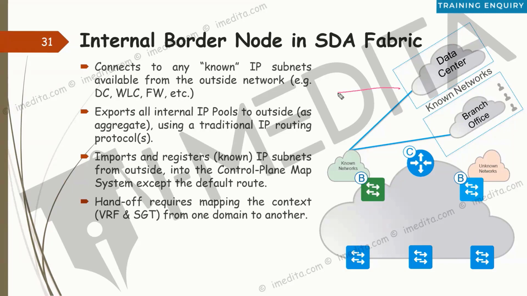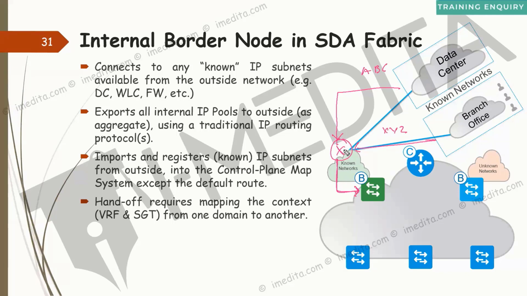The data center and the branch offices are going to announce all of their prefixes to a router. This router is going to connect to this border node and perform the handoff of these prefixes into the SDA. Like, so let's say subnets A, B, and C, X, Y, and Z.